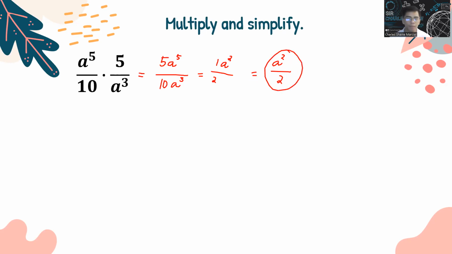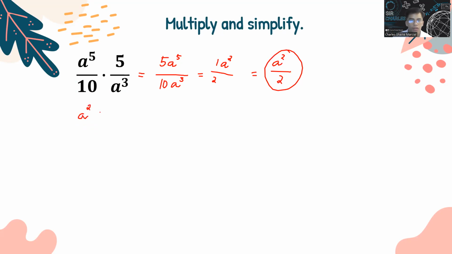Now, pwede rin natin gamitin yung procedure doon sa last slide, yung procedure na binigay ko. So ang gagawin natin, pwede natin i-factor yung numerator and denominator. Paano? Ganito. We have a raised to 5 and a cubed.